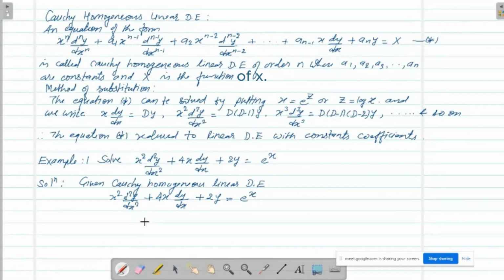How to solve this Cauchy homogeneous linear differential equation? By putting x equal to e raised to z.